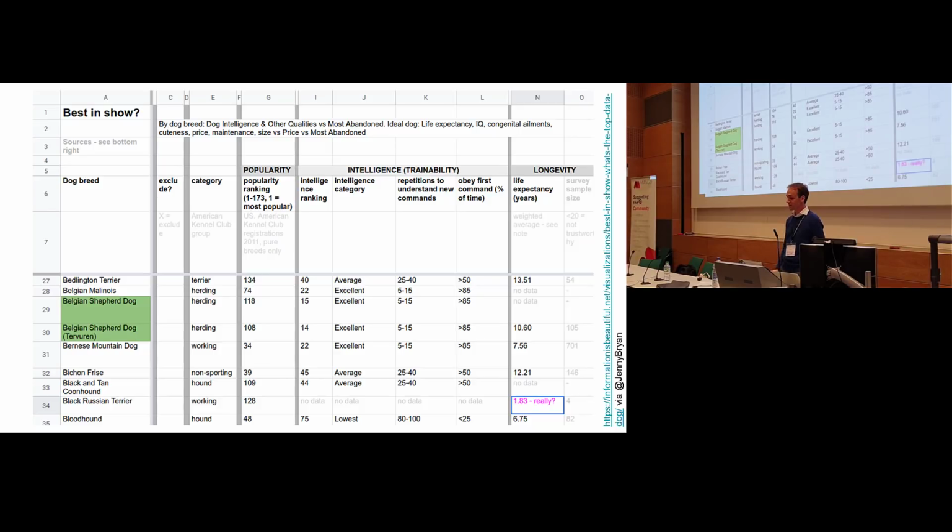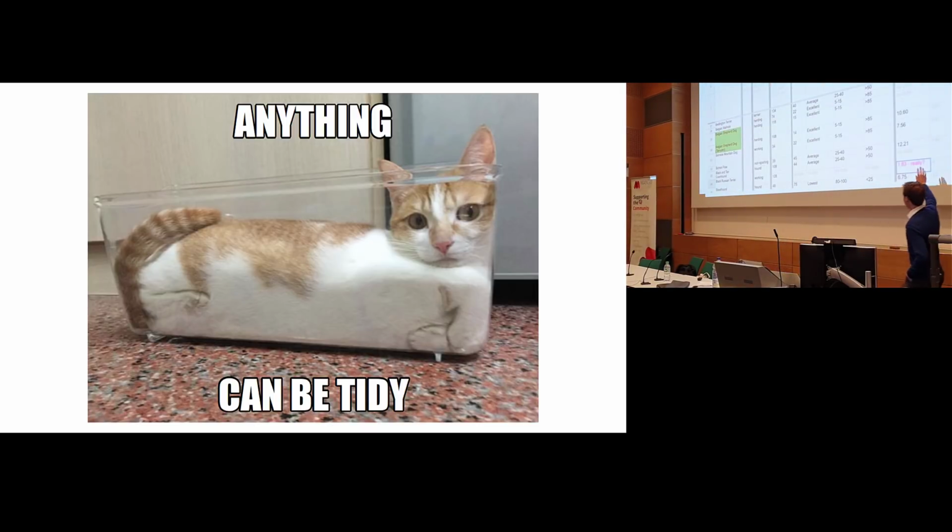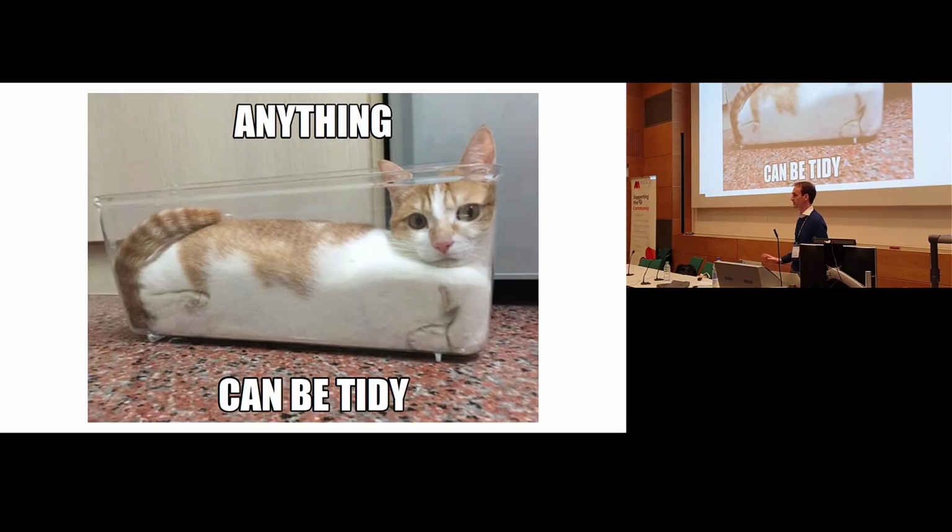So I'm here to try to convince you that in fact almost anything can be tidy. Right? Uncertainty can't be tidy, okay? So that cell can't be tidy because someone just has to think about that and turn it back into data. So Schrodinger's cat can't be tidy, but this cat can be tidy.